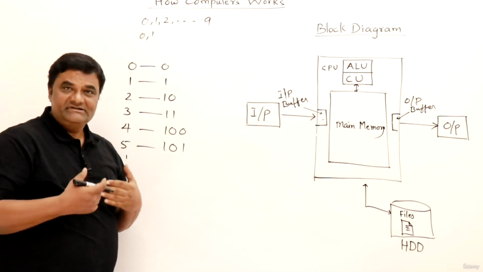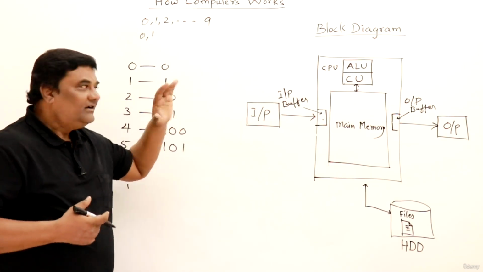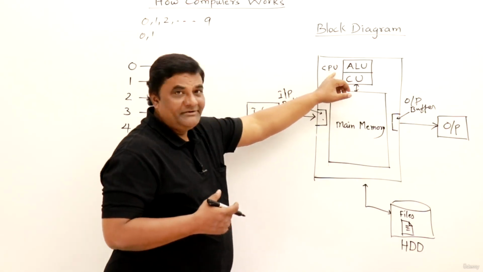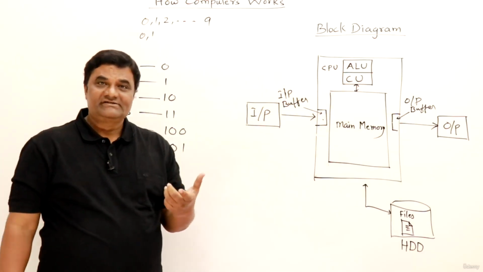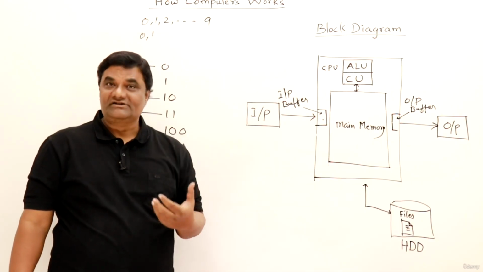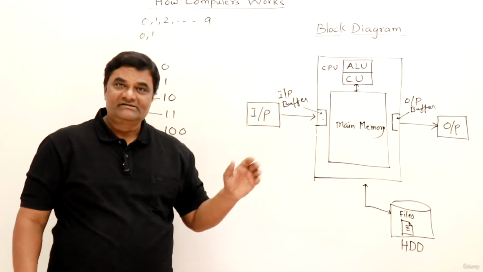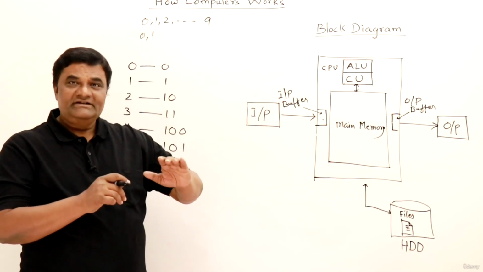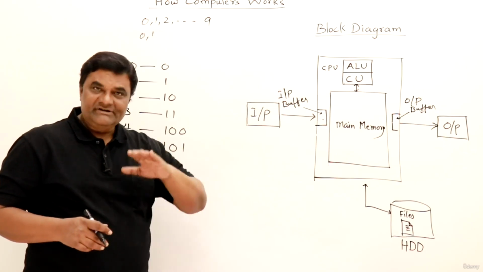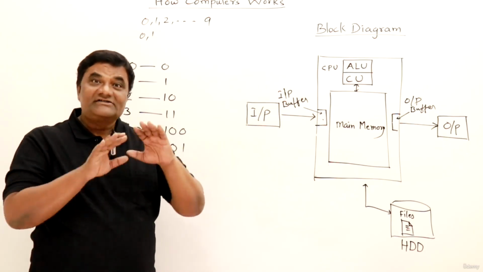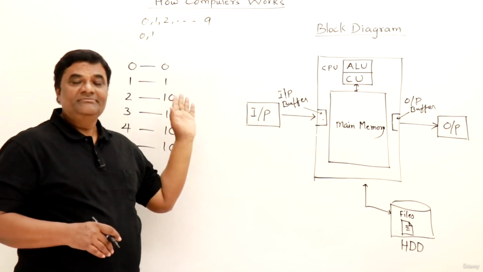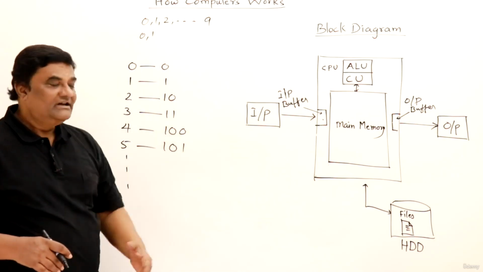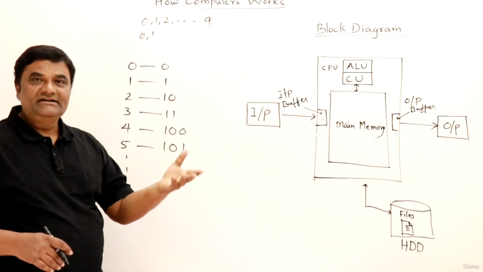Now, the CPU, or the arithmetic and logic unit, performs operations. It knows the instructions and commands. Assume that 0 means add two numbers, 1 means subtract two numbers, 2 means multiply them.